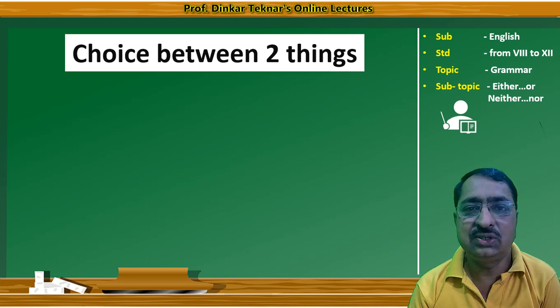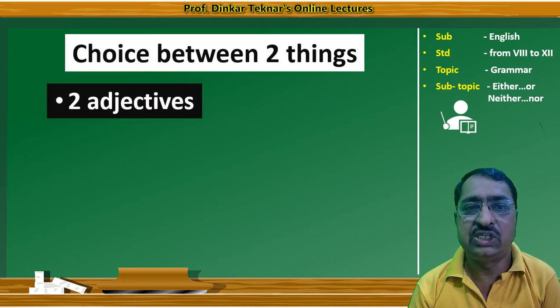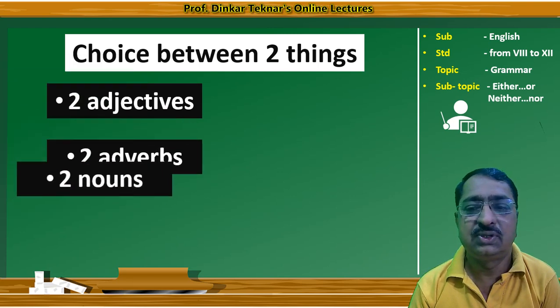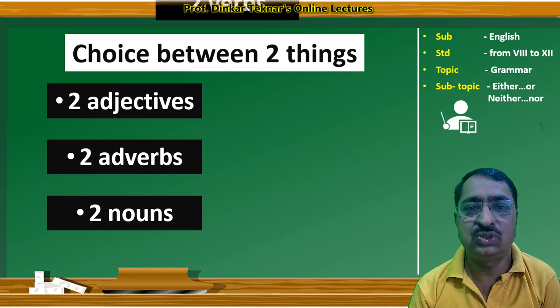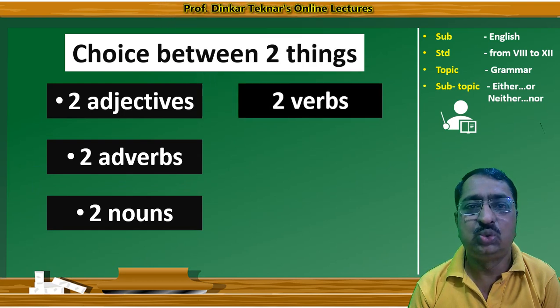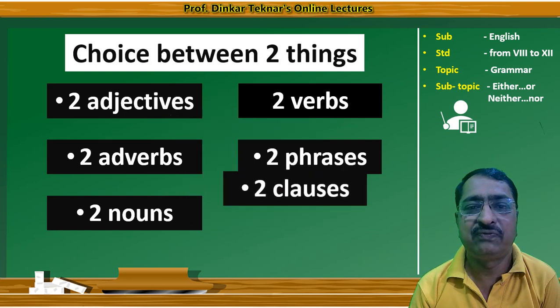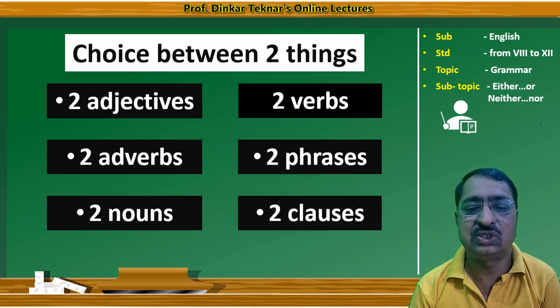These two things or two objects can be two adjectives, two adverbs, two nouns, two verbs, two phrases, or two clauses.